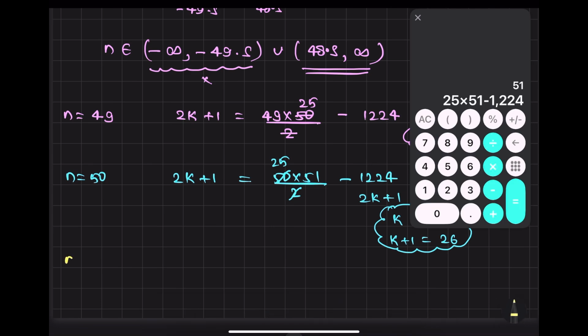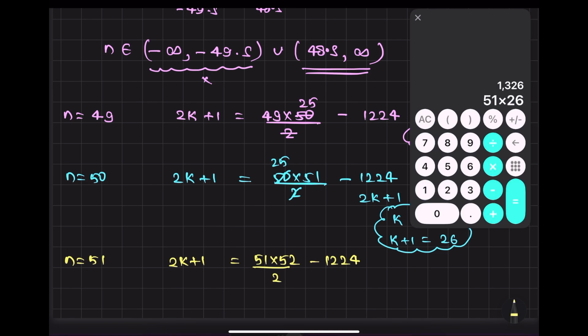Now suppose that n is 51. So can I write 2k plus 1 equals 51 into 52 by 2 minus 1224. Okay, so it is 51 into 26.